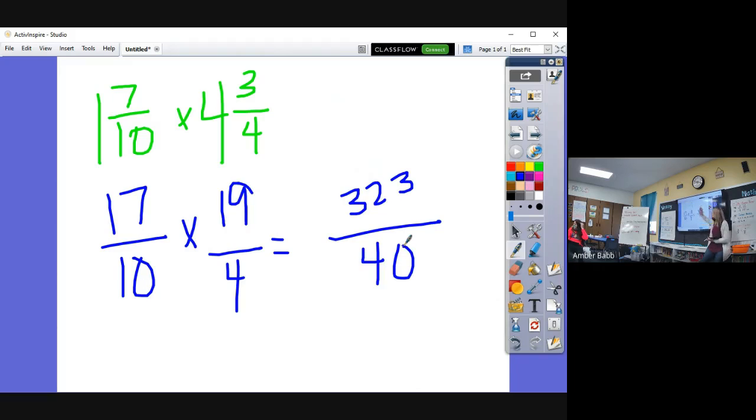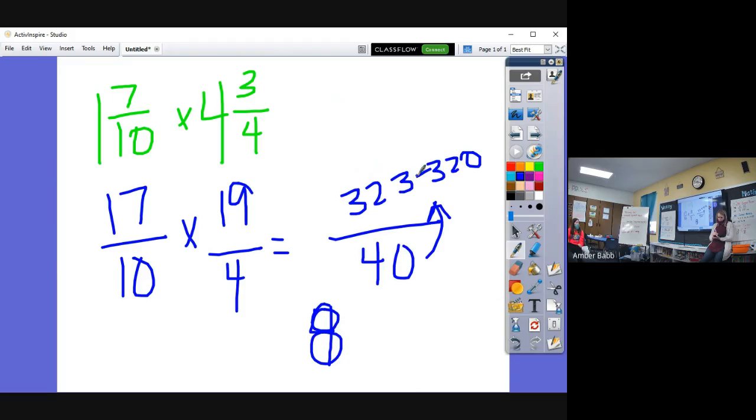Because 8 times 4 alone is 32. How many times does 4 go into 32? 8 times. And then there would be this many left extra. So 40 times 8 is going to be 320.